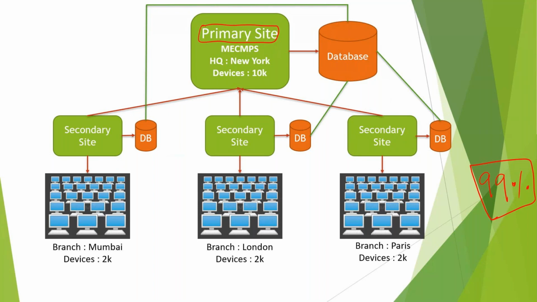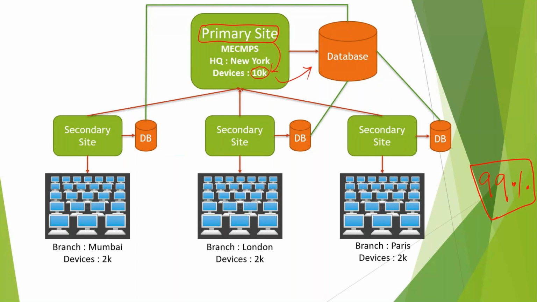You can install it in any other location as well, but we are talking in general terms. So the primary site will be installed in headquarters, for example New York, which has, for example, 10,000 devices. The primary site is going to manage these 10,000 devices and store the information in its database.